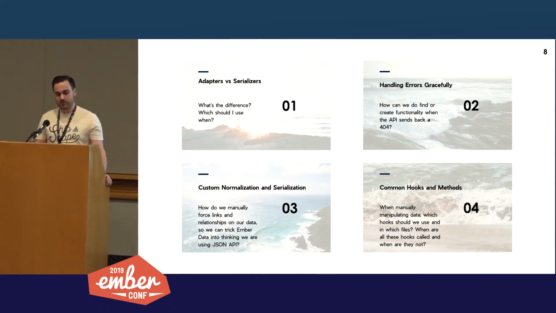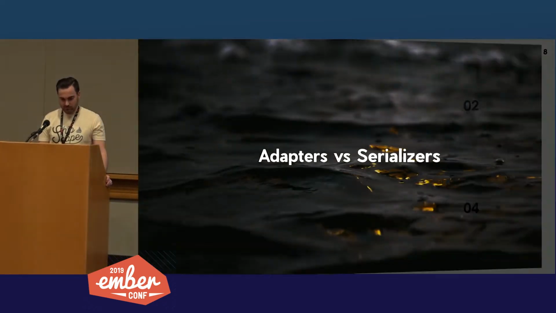We'll talk about some custom normalization and serialization, and about manually forcing links and relationships to make it seem like Ember Data is getting a nice JSON API format. And we'll talk about some of the common hooks and methods that exist for serializers and adapters, which you should use when, and when they're called, when they're not, that sort of thing.